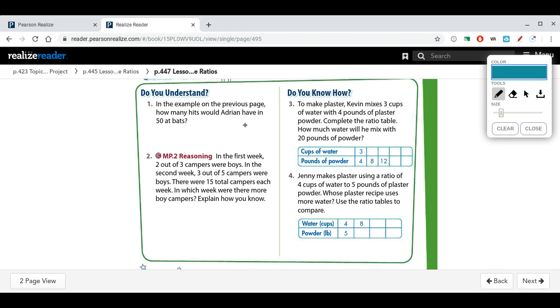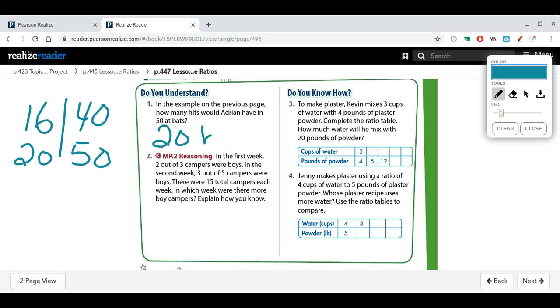We had 16 hits for 40 at-bats. So I just need to go to 50 at-bats and see where he would be. And so he would be at 20. So he would have 20 hits for his 50 at-bats.